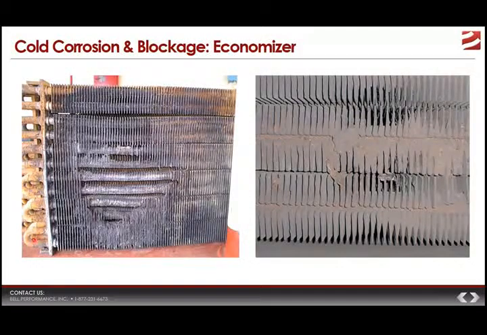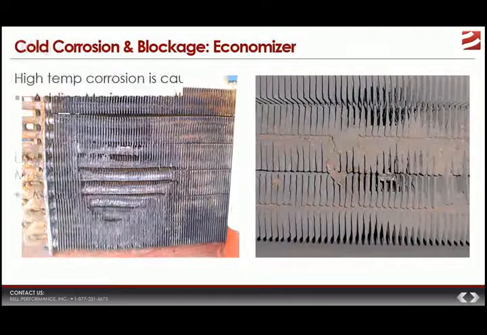That's basically what an economizer is. It facilitates exchange of heat between air on the outside and liquid on the inside. And as you can see, this one got really seriously corroded and plugged with stuff that's really not supposed to be there. They're going to have to replace this.